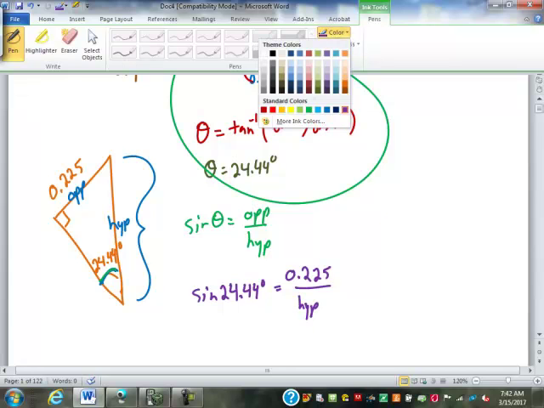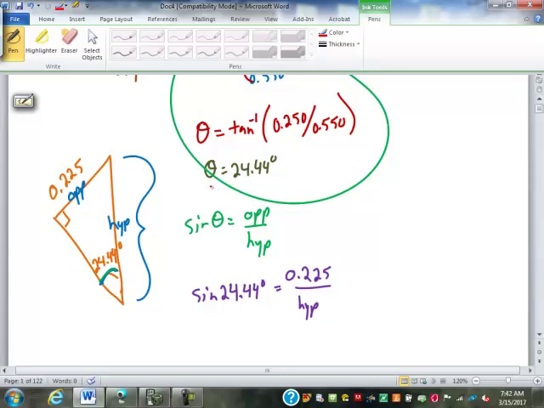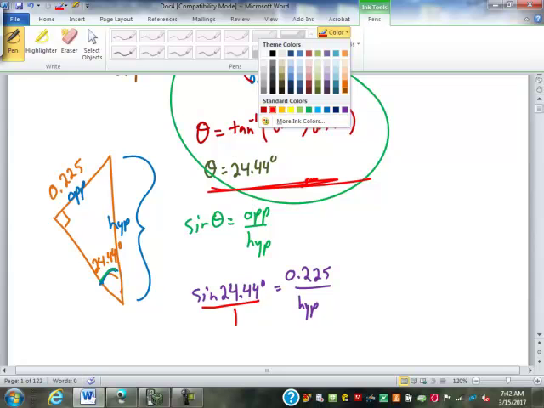So now in this case, we're looking for a missing side. In the last portion we did up here, we were looking for a missing angle. When we were doing the missing angle, we did the inverse trig function. When it's a missing side like this, we make it a proportion. And to do that, we put our trig function over 1. And then we cross multiply and divide.